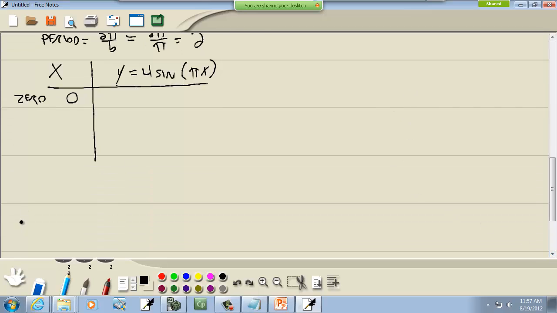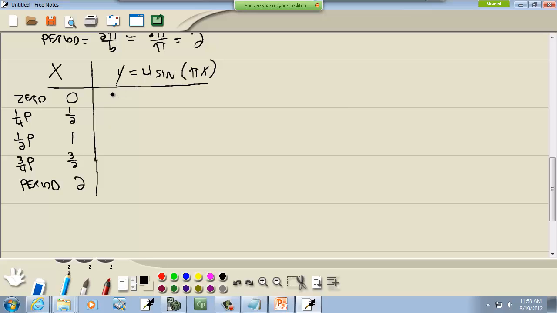And this one down here will be our period, which we said was 2. This is half our period, so a half times 2 gives us 1. This is 1/4 of our period. 1/4 times 2 gives us 2/4, or 1/2. And this is 3/4 times our period. 3/4 times 2 gives us 6/4, or 3/2.